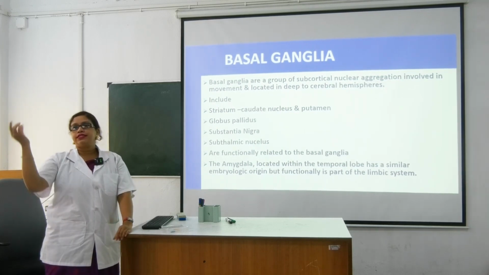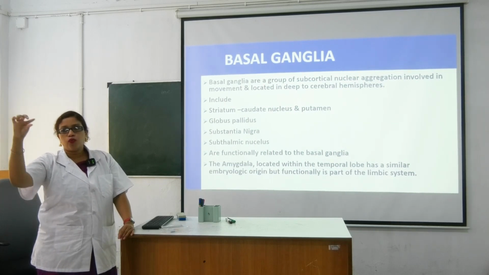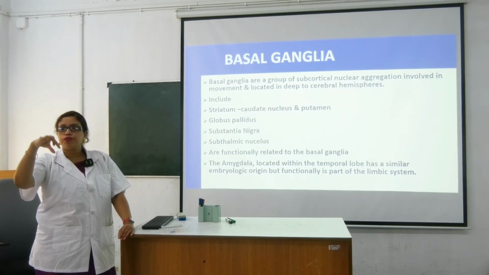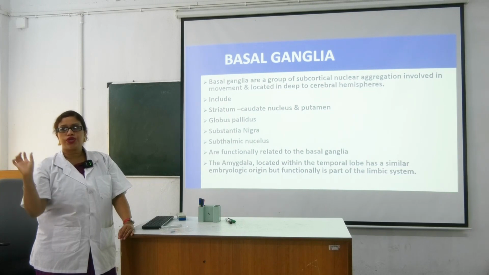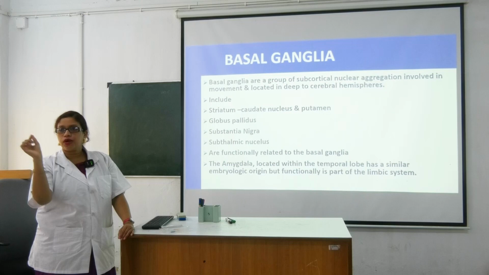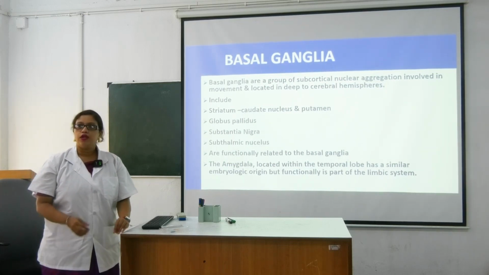Now think, the caudate nucleus is running as a C shape, right? So it would be totally related to the anterior horn, central part and posterior horn of the lateral ventricle. What about the tail end? It is making one almond shape area, that is nothing but the amygdala. Okay, write it down.